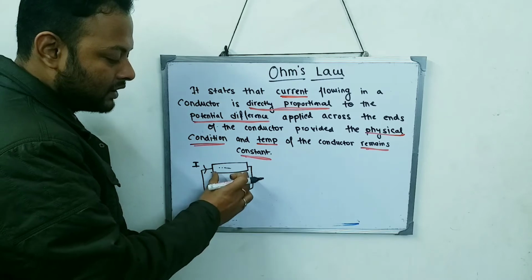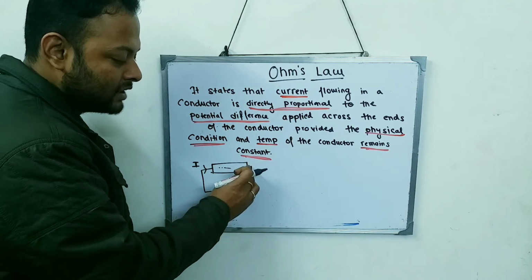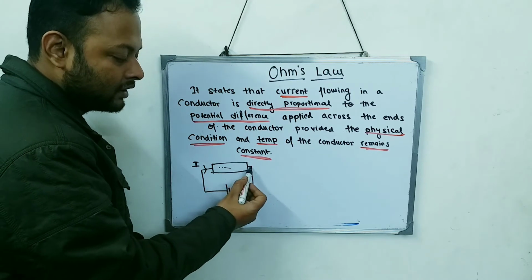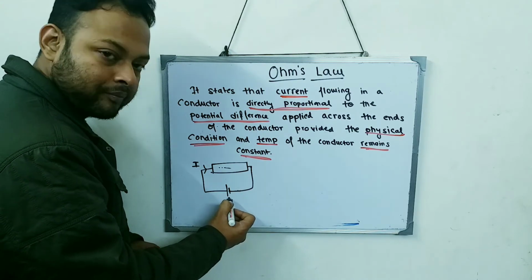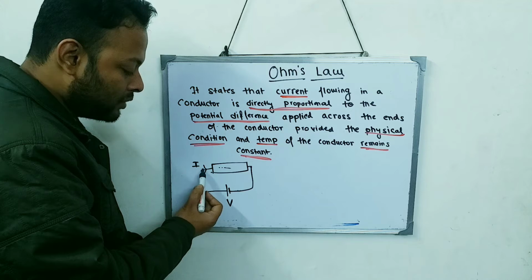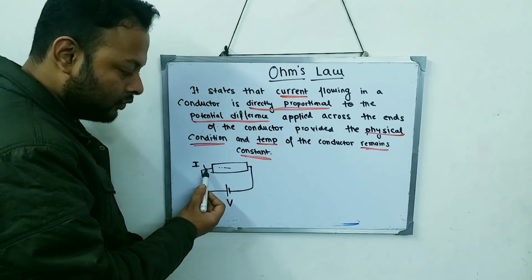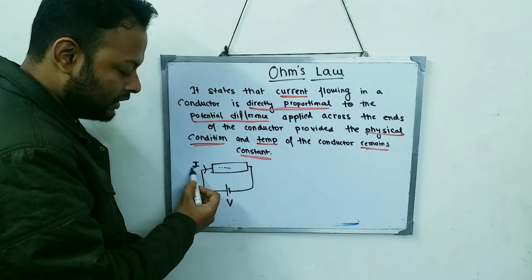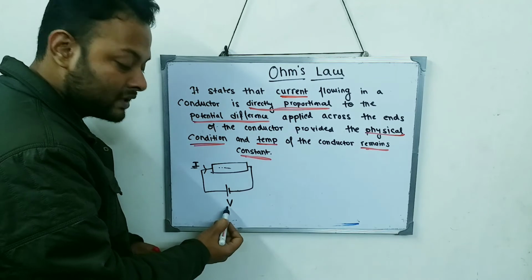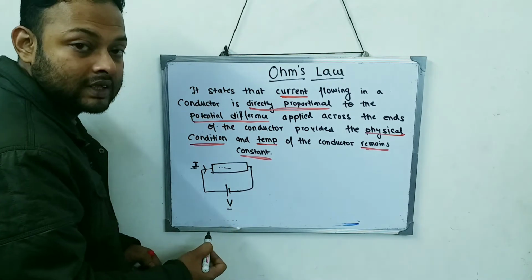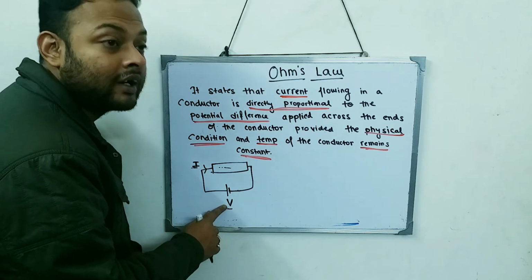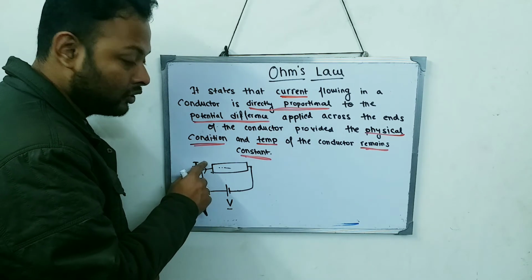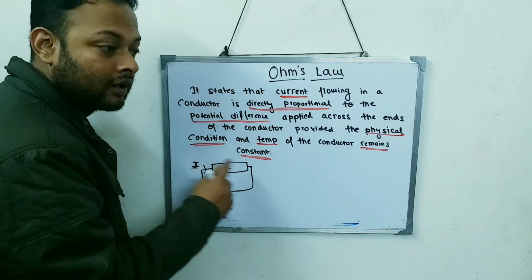Say this is the conductor, and these are the ends of the conductor, to which a potential difference is applied. And we see how much current is flowing across the conductor. This current will always depend on how much potential difference I'm giving. If I give a higher potential difference, say 100 volt, then I will get a lot of current, say 10 ampere.